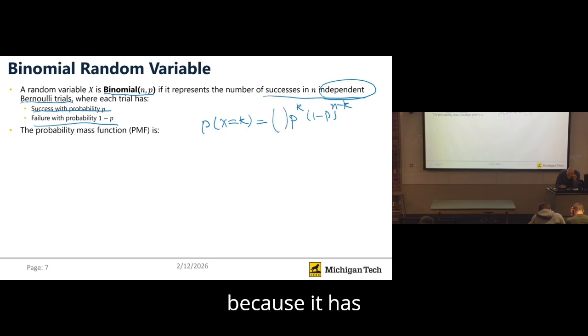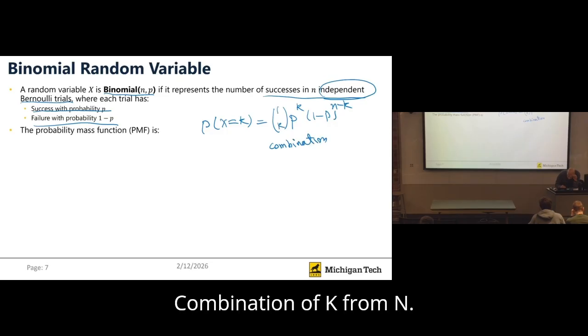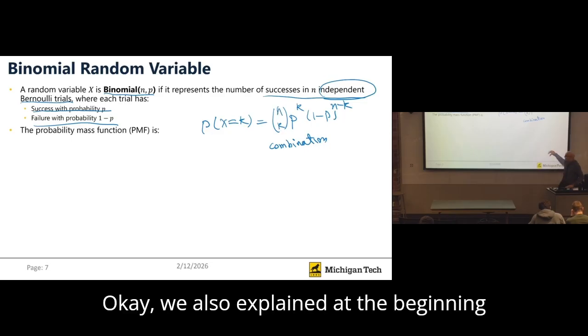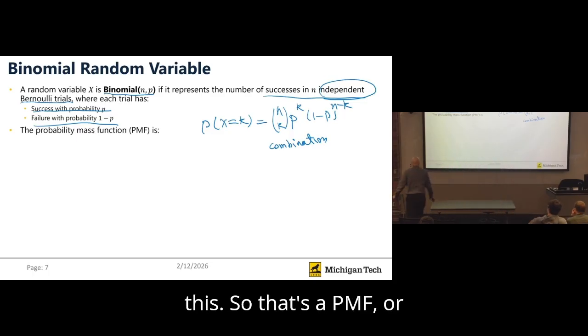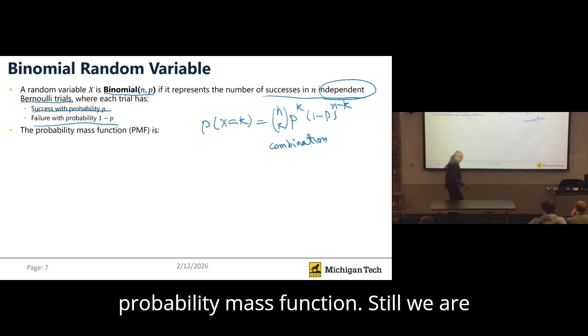And because it has repetition, we need to use the coefficient that is the combination of K from N. We also explained at the beginning of the class how we deal with this. So that's a PMF, or probability mass function.